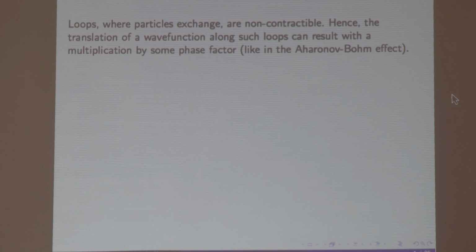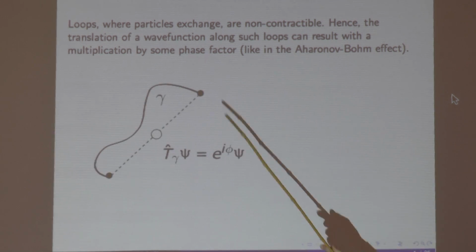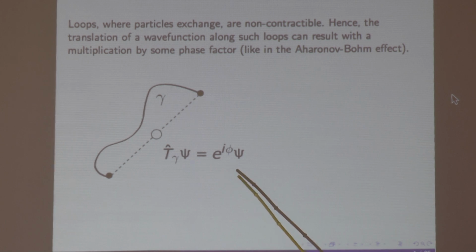So loops where the particles are exchanged are non-contractible. When we transport a wave function around such a loop, then it may, in some situations, result in a multiplication by some phase factor.